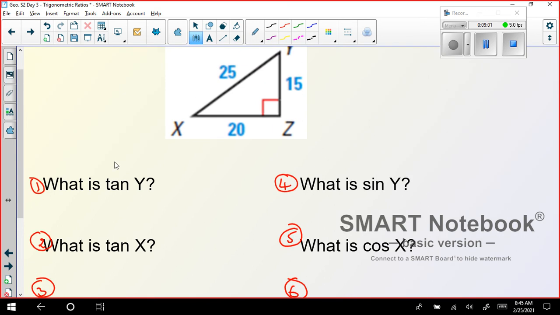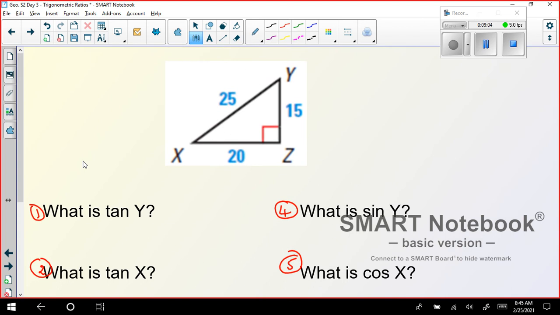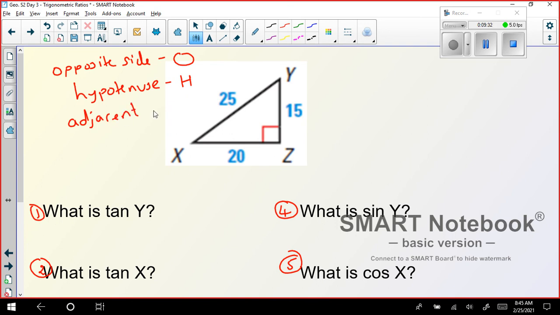Okay, tan Y. Tan Y is nothing but I will use opposite side. Instead of writing opposite side, I'll just call it O. Opposite leg, opposite side or opposite leg, I'll call it O, and hypotenuse I'll call it H. And adjacent I'll call it A. Okay, let's do this problem.